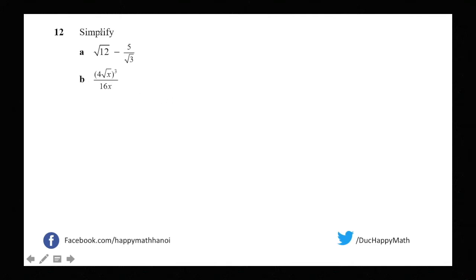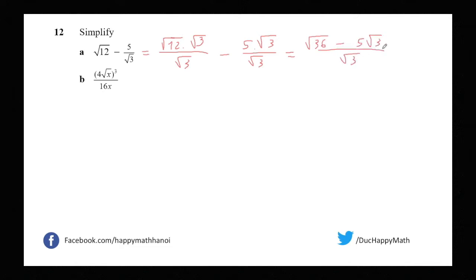Question 12. Simplify. This is the algebra about the power number. The denominator is the square root of 3, so I want to change this one to become the square root of 3 in the denominator. Yes, so this is the square root of 36 over the square root of 3.